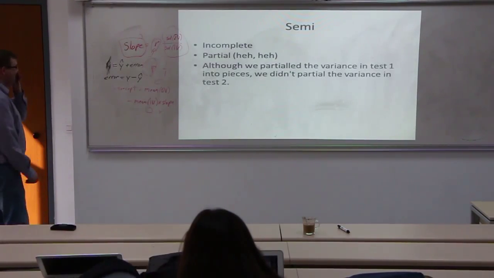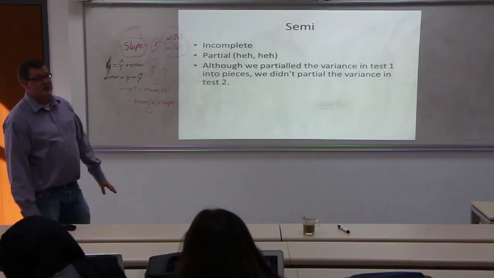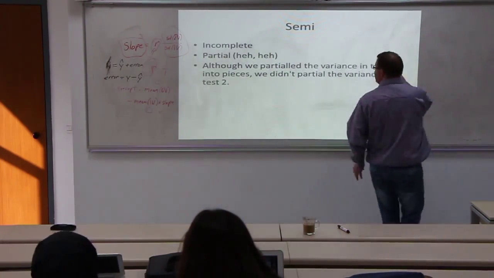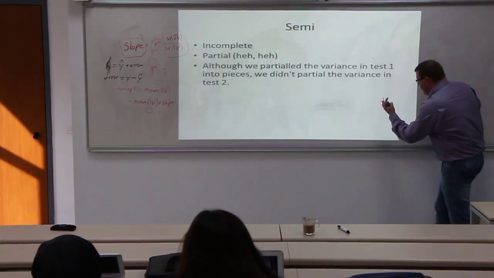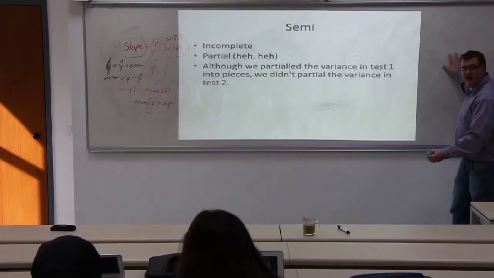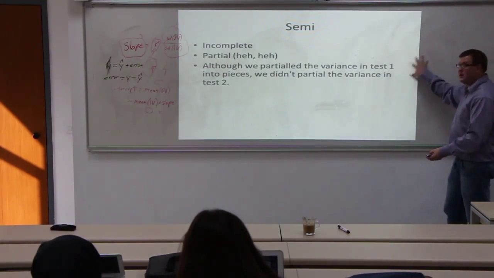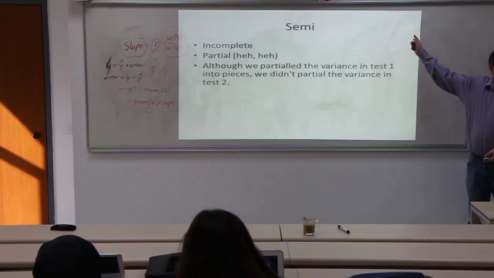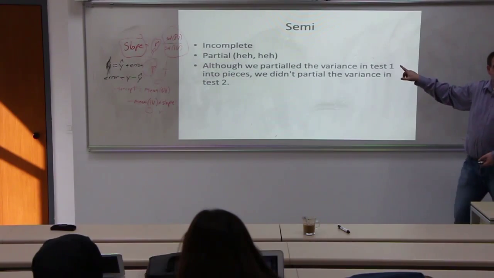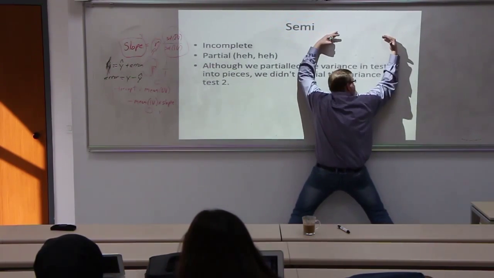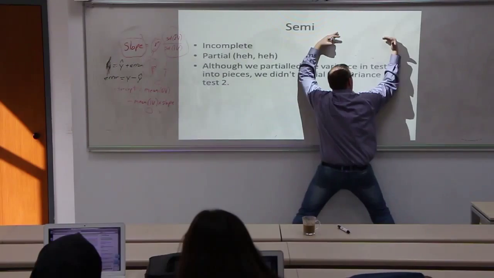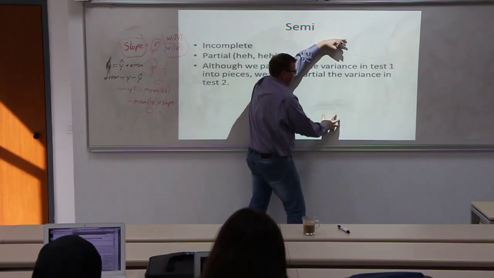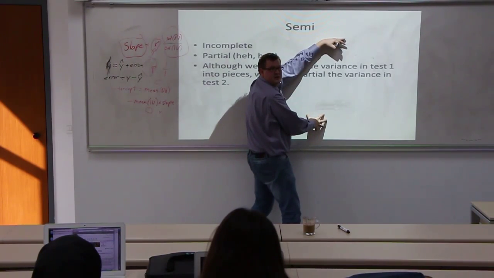All right. Because semi-partial correlation isn't confusing at all, right? So we partialed the variance in test 1 into pieces. We had the part of test 1 that was associated with homework, and the part of test 1 that wasn't associated with the homework. But we didn't partial the variance in our test 2 scores. We said, okay, we have all of our variations in test 2 scores. What percent of all of these variations are uniquely explained by the unique variations in this?